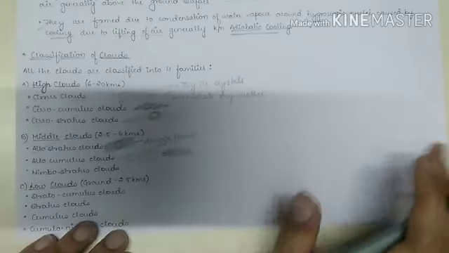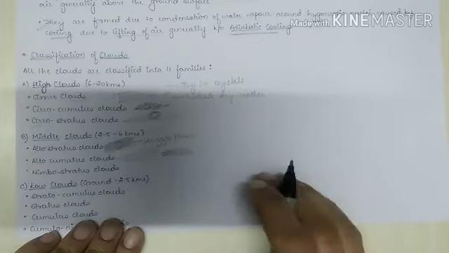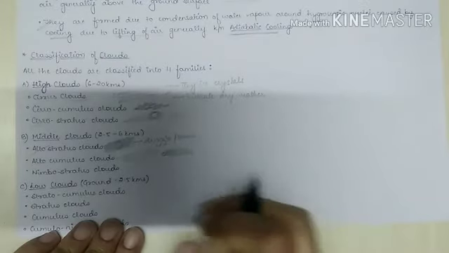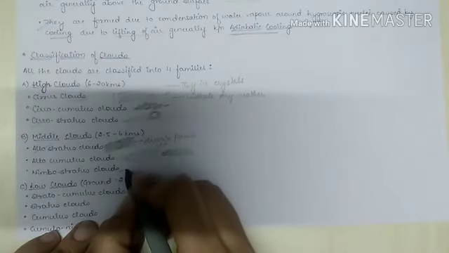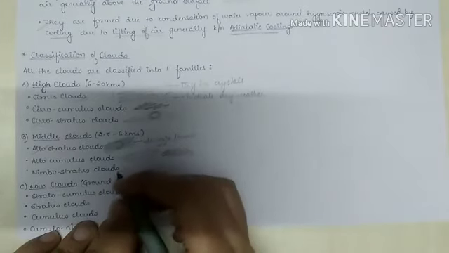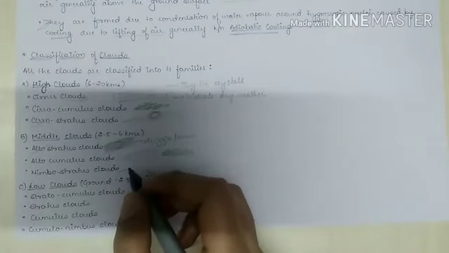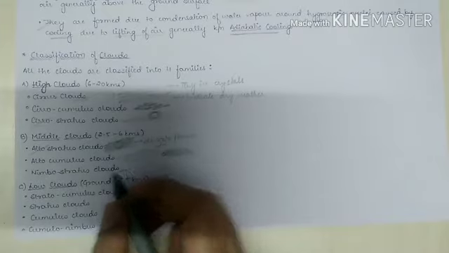Next we have nimbostratus cloud. Nimbostratus clouds are low clouds of dark color and they are very close to the ground surface, and there is complete darkness. What is the meaning of nimbo?